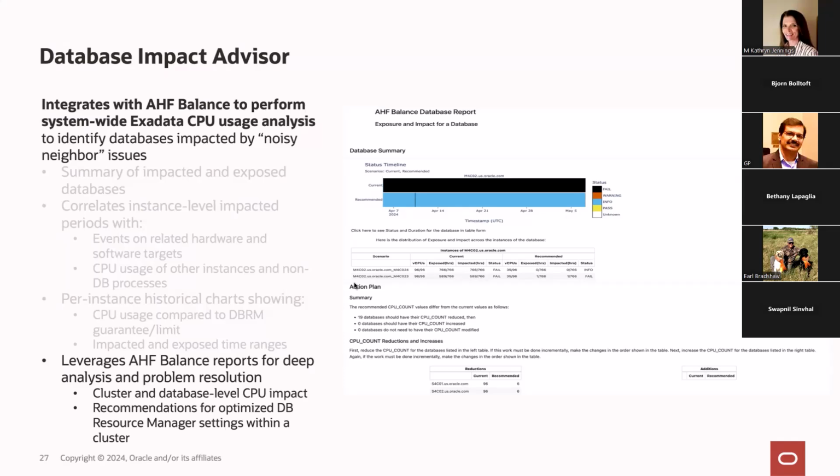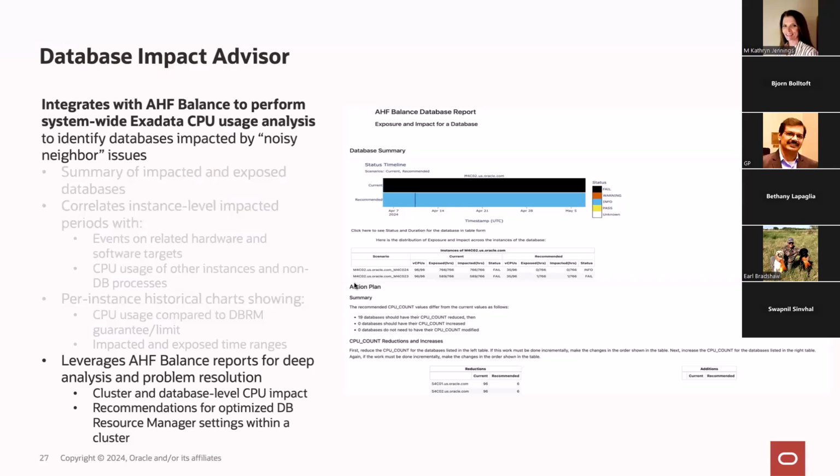But they are also, during the same time, exposed by other databases from using this. And there are hours when they are also impacted. Other databases use resources that this database needs. We can see how we should configure these databases to make sure that they get the resources. And that's the action plan.